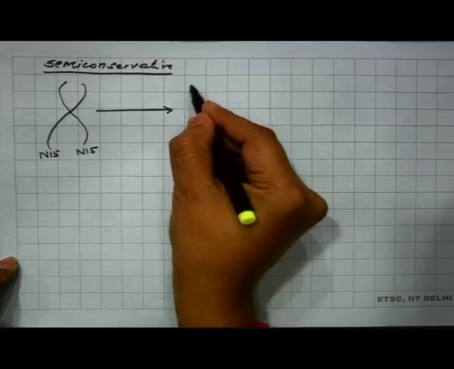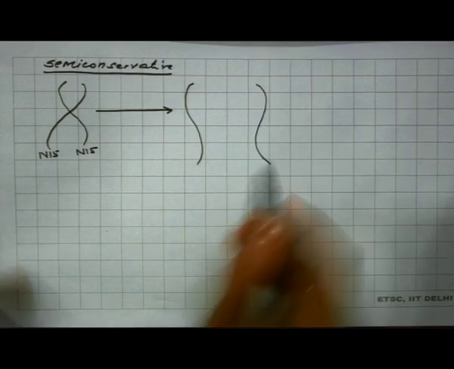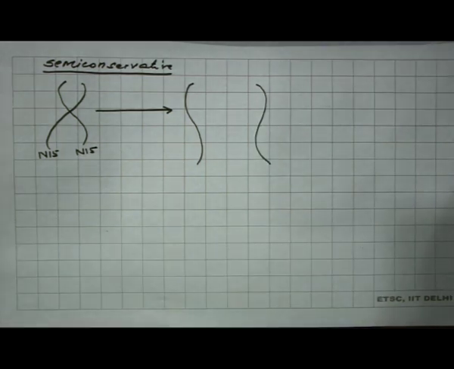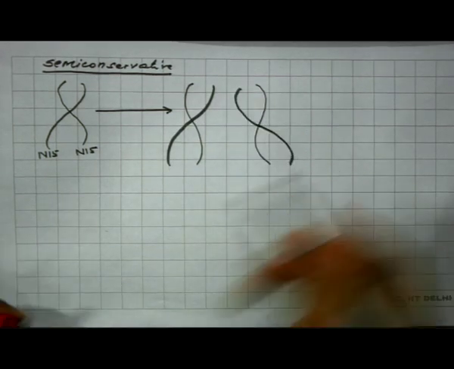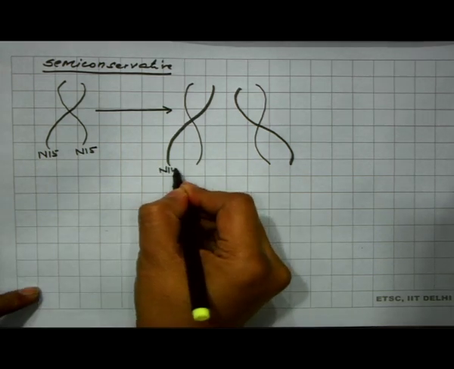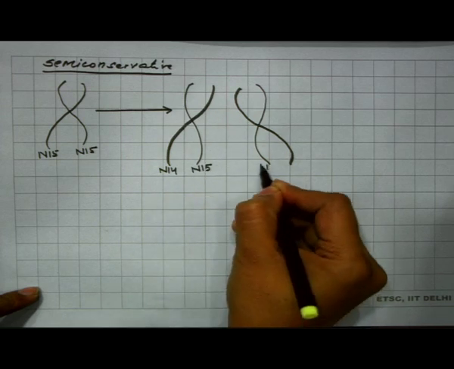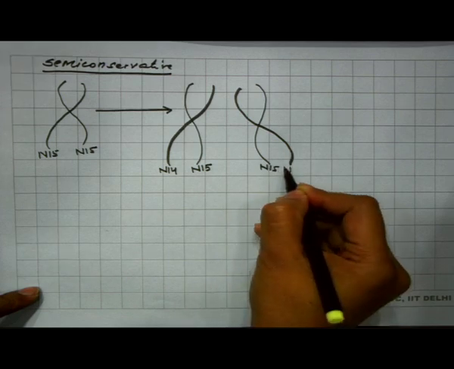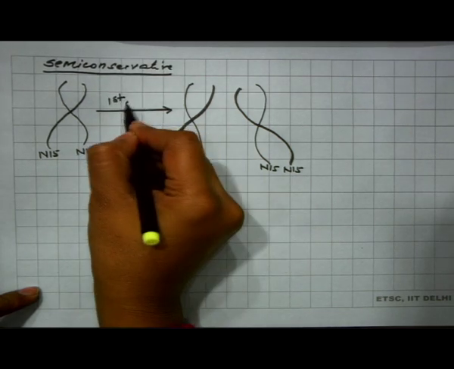After replication, both the strands will get separated and new strands will be synthesized. The new strand will be having N14 and the older is already N15. This result is after the first cycle of replication.